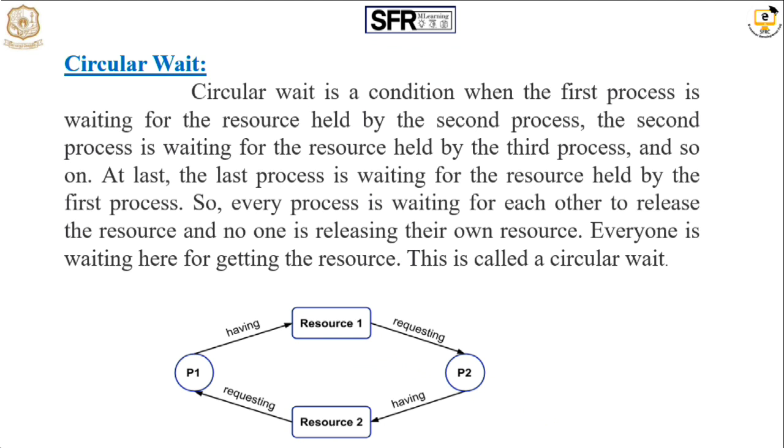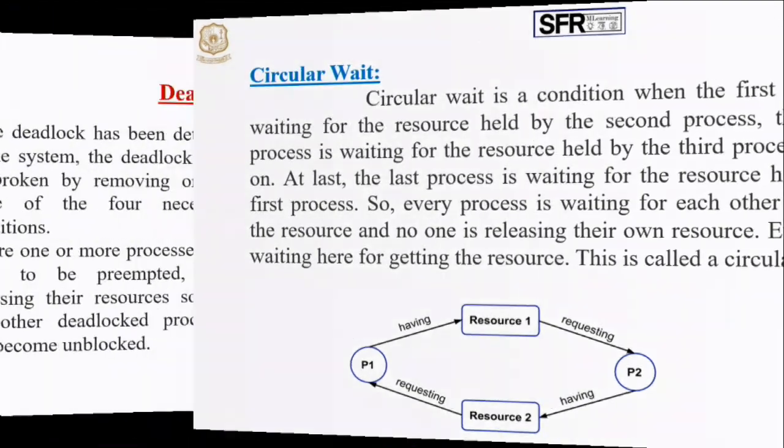So every process is waiting for each other to release the resource, and no one is releasing their own resources. Everyone is waiting to get the resources. So this is called circular wait. The processes are waiting in a circular manner.